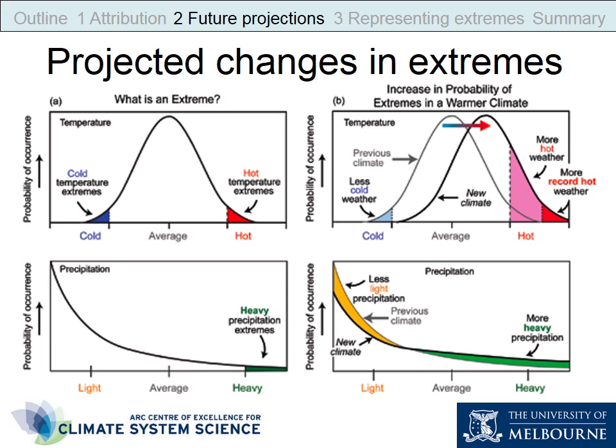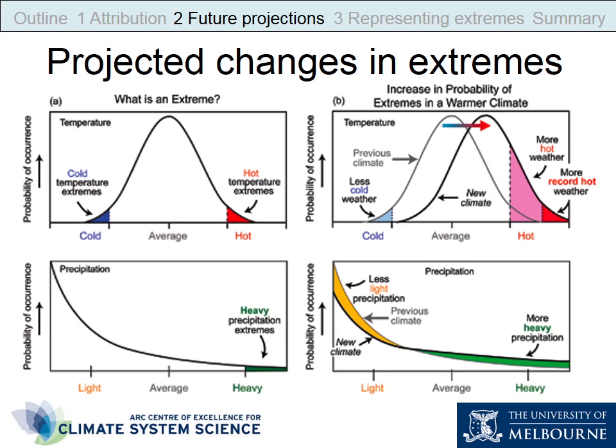So these are again just some little schematics of distributions showing changes in extremes with changes in the mean climate. At the top left, this is for temperature, and then for precipitation, this is the same one I showed before.